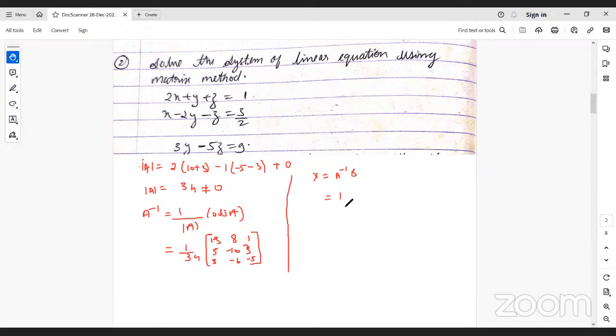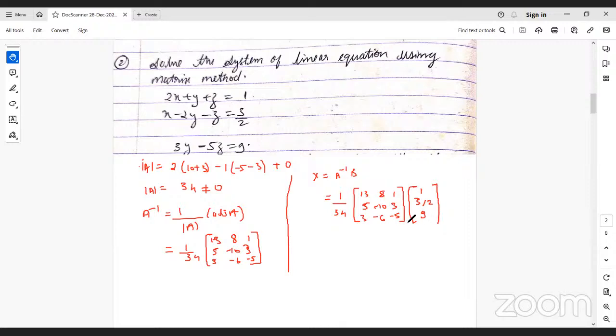So A inverse is nothing but 1 upon determinant of A, that is 34 into 13, 8, 1, and next 5, minus 10 and 3, and then it is 3 minus 6 and minus 5. So we need to multiply this with matrix B. So matrix B we have found out it is 1, 3 by 2 and 9.